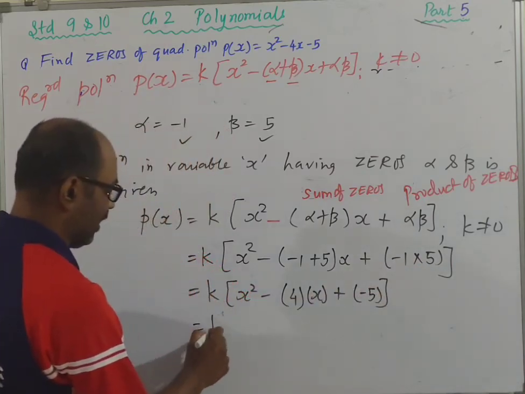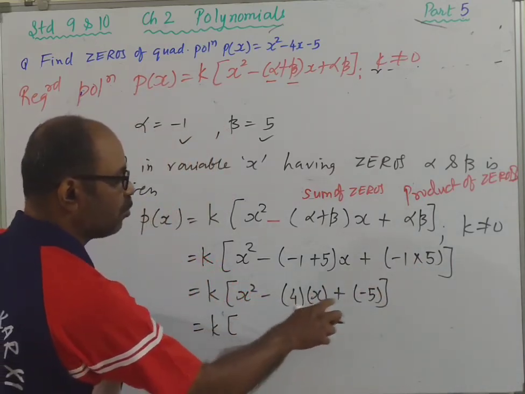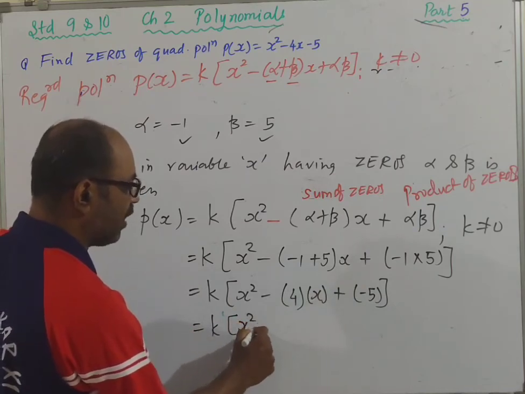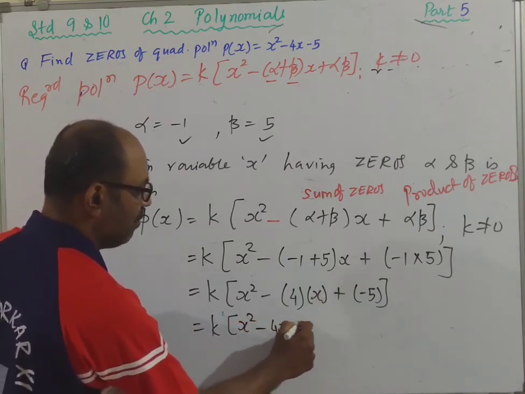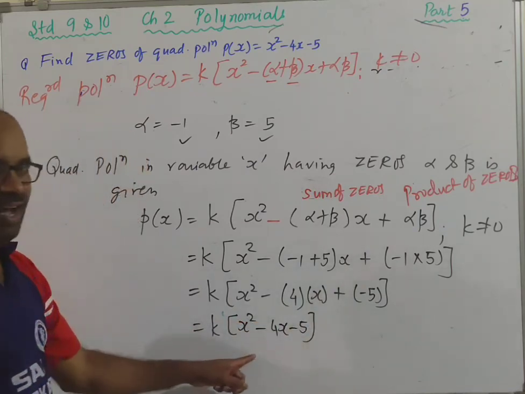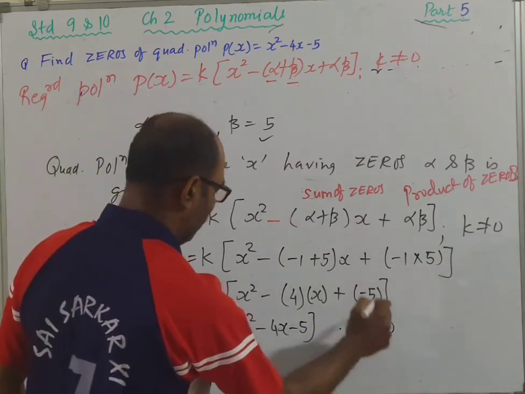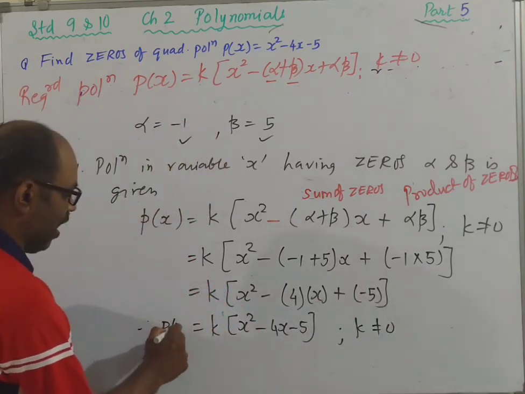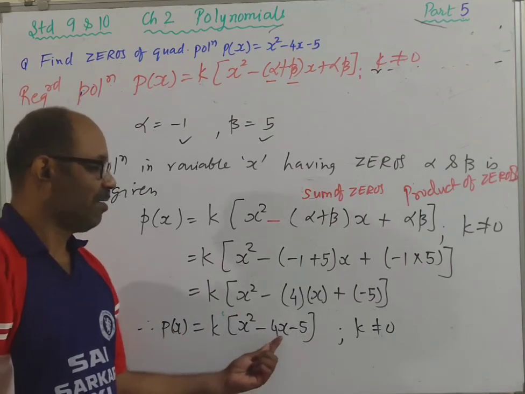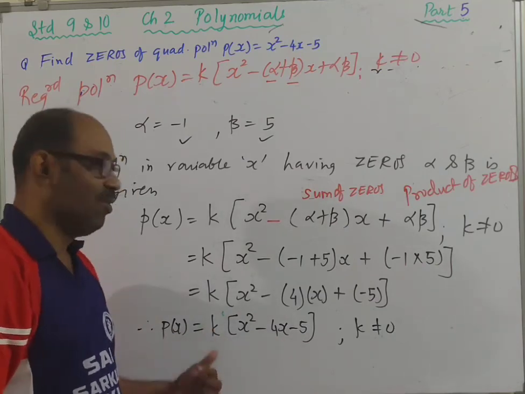Now open the bracket, k, you have to open the small bracket, x square minus 4x minus 5. See what you got, and at the end write, where k is not equal to 0. So this is the required polynomial, x square minus 4x minus 5 into k.